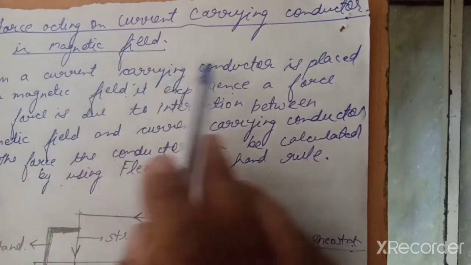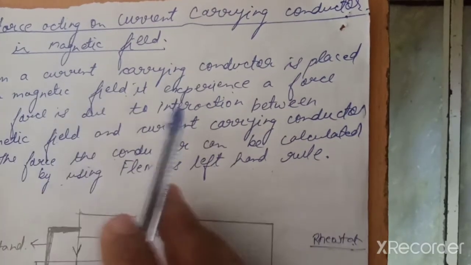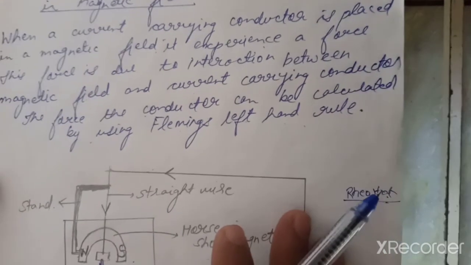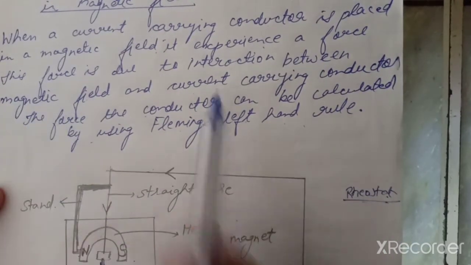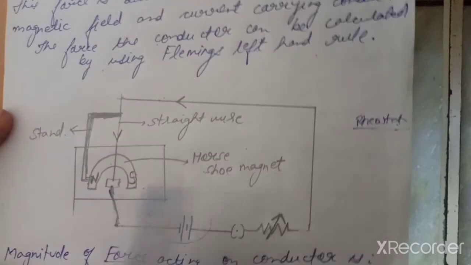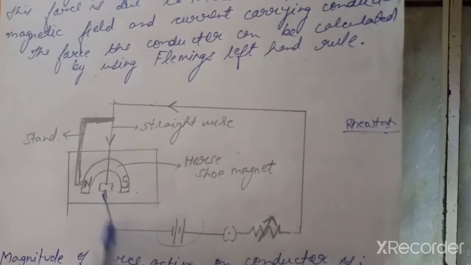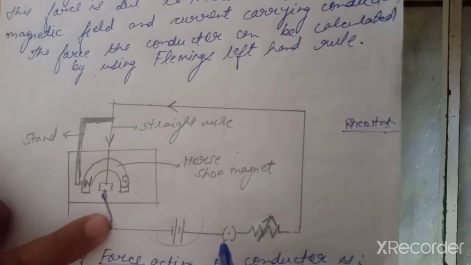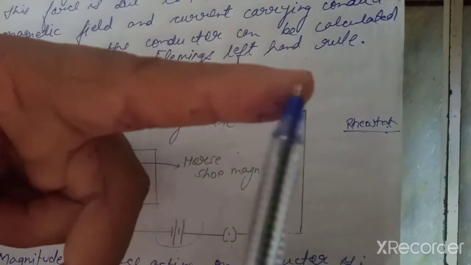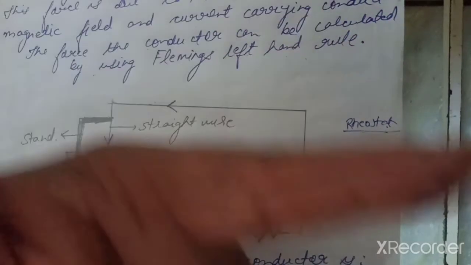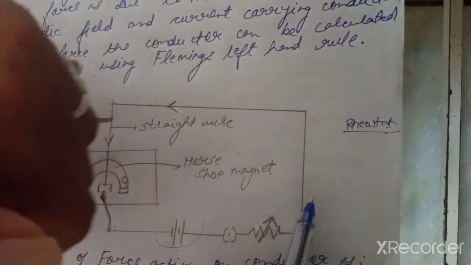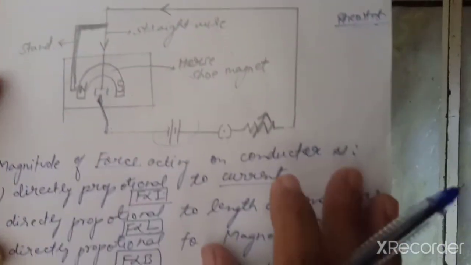So this is the experiment of the force acting on a current carrying conductor in a magnetic field. When a current carrying conductor is placed in a magnetic field, it experiences a force, and this force is due to the interaction between the magnetic field and the current. This is the direction of current, this is the direction of the magnetic field, so this conductor will experience a force, and its direction can be given by Fleming's left hand rule. The force on the conductor is toward the backward side, so this wire will move backward.